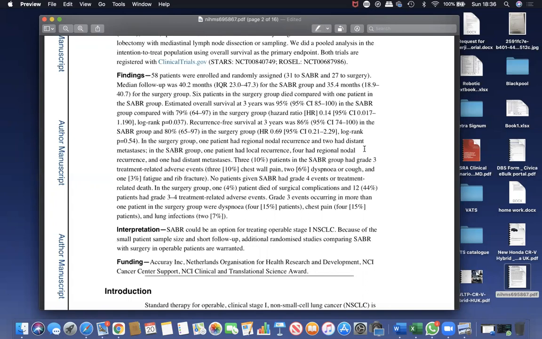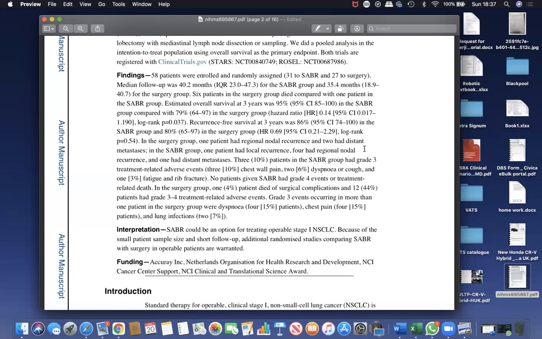Do you think that's a valid statement? No, sir, because in SABR they have not addressed any lymph nodes. Tell me, how do you know that a patient has had recurrence? Sir, if the patient comes up with lymph node metastasis or distant metastasis, or the primary site is showing some other growth.